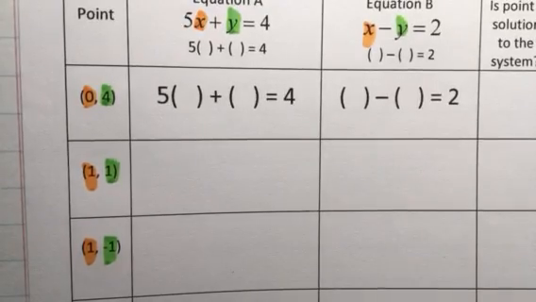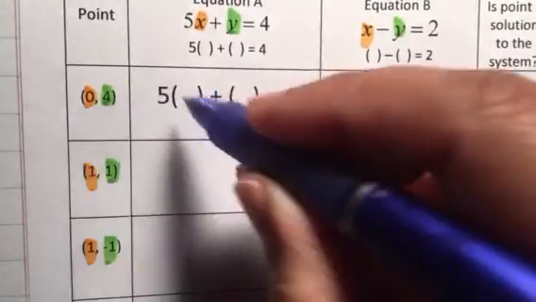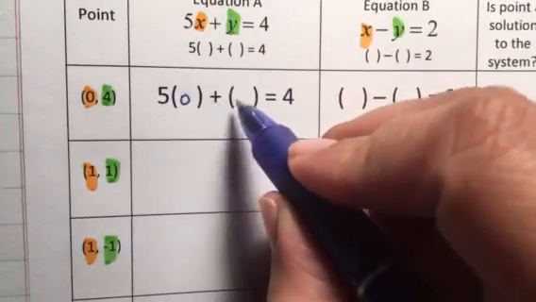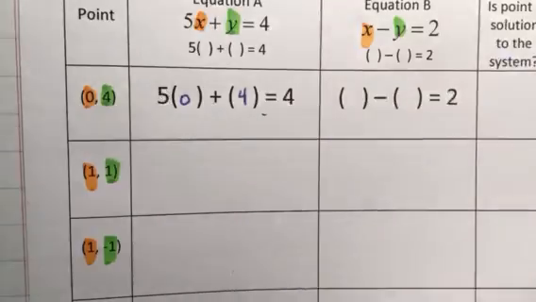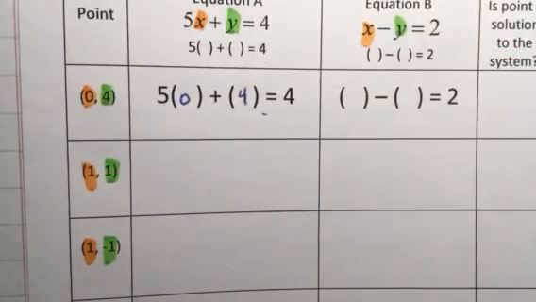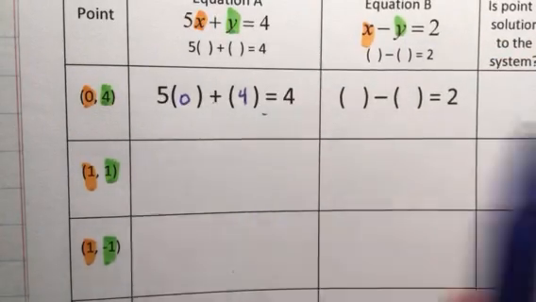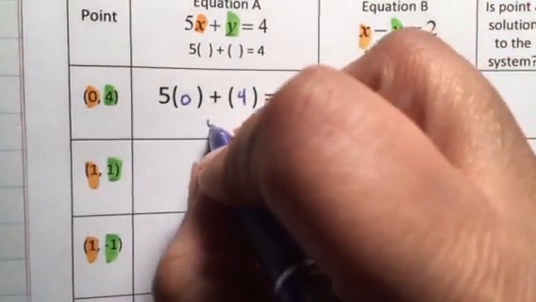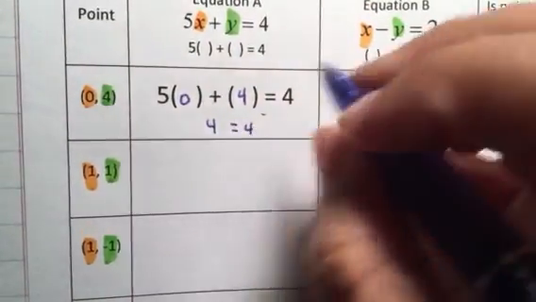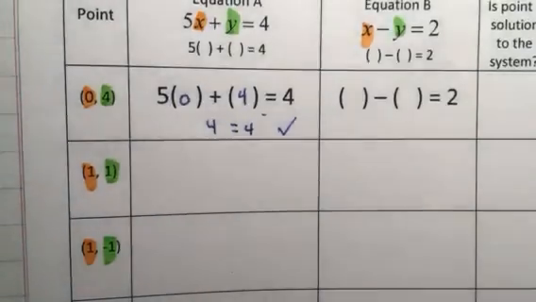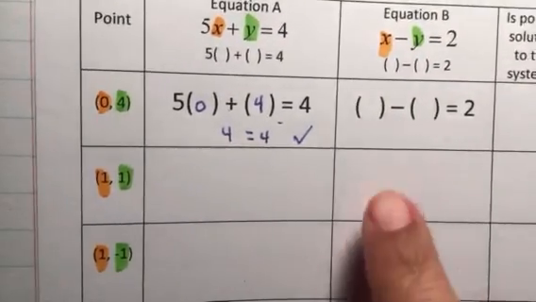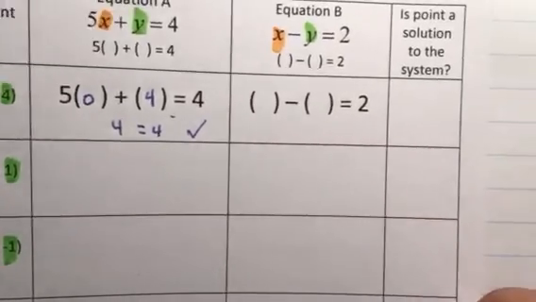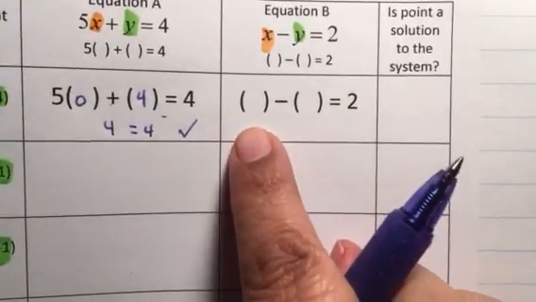Here we're saying 5x, which is 0, plus y, which is 4, does that equal 4? If I put that in the calculator, that gives me 4. Does 4 equal 4? This is a true statement. In order for it to be a solution, both statements have to be true. So now I test this one.